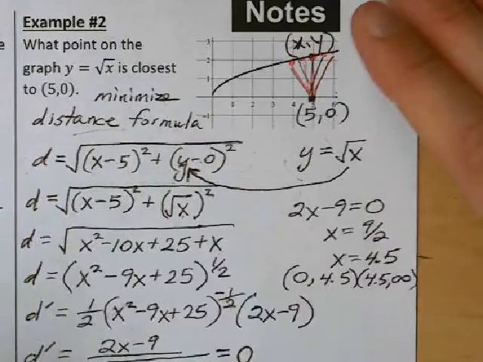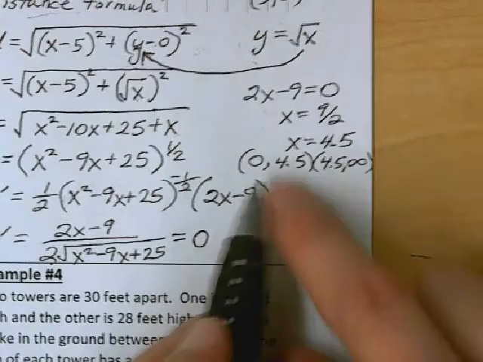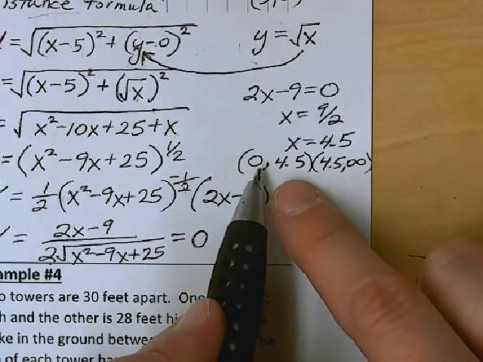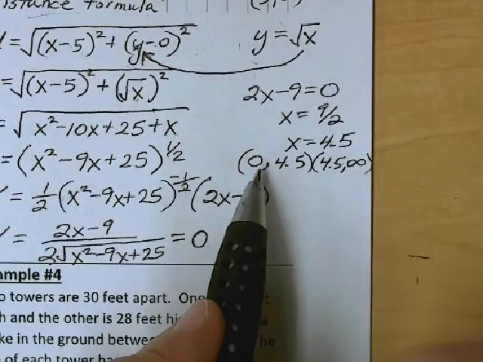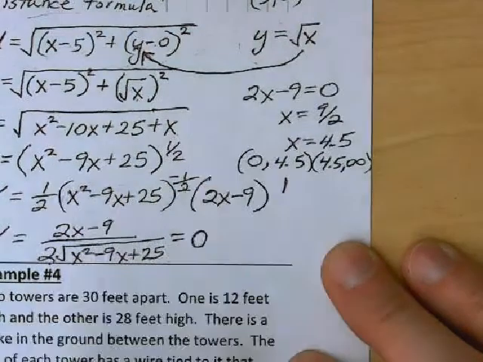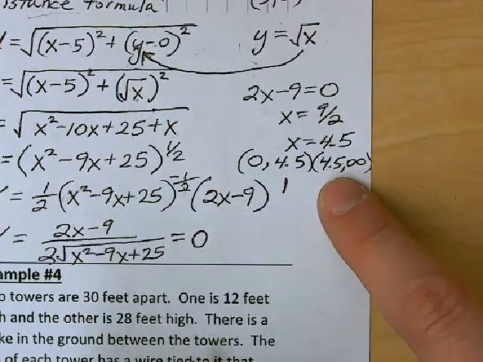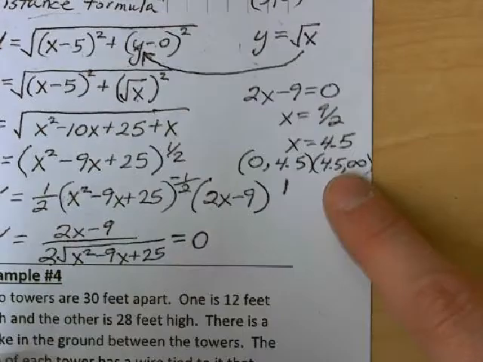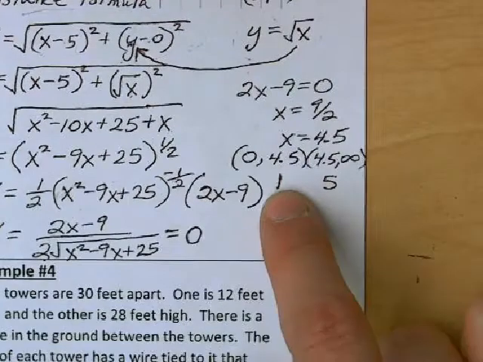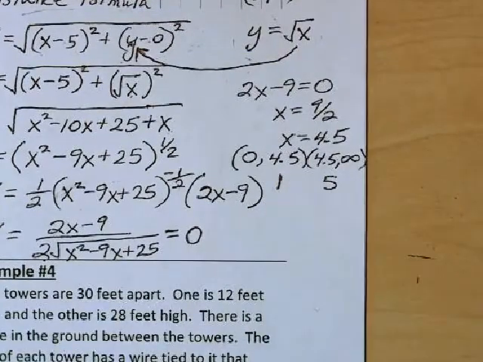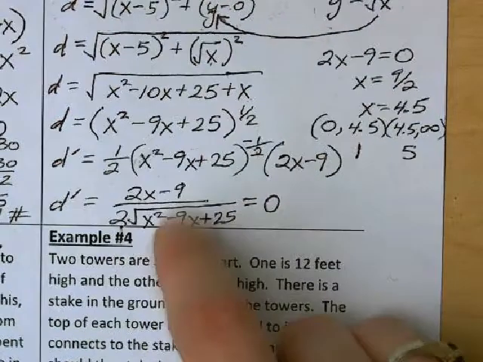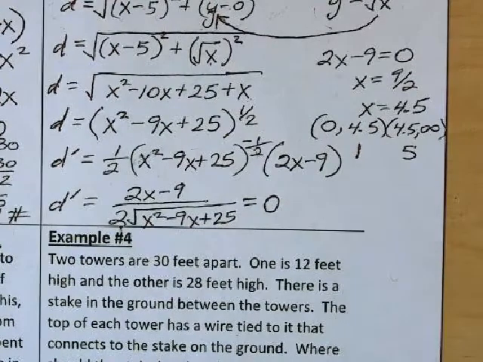I know these take a lot of room, so pick a number lower than 4.5. Something easy. I might even pick 1 because 1's kind of an easy number to plug into things. And then pick a number higher than 4.5, like 5 or 6 or whatever you want to pick. 5's good. And just to check it, it's looking like that probably is the answer, but they do tell you to check. So plug 1 into this first derivative equation and think of your signs.